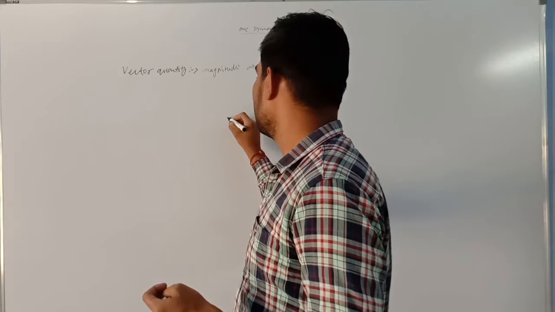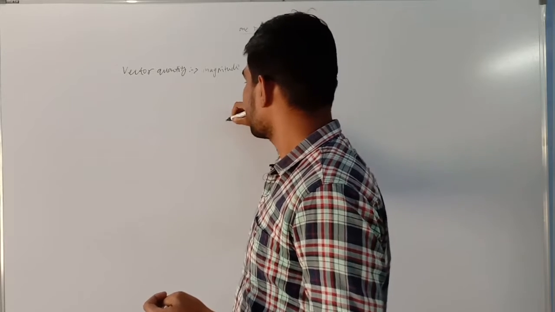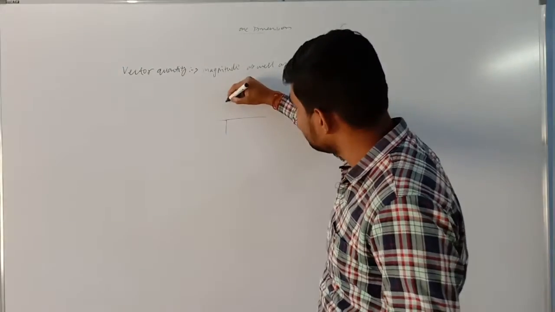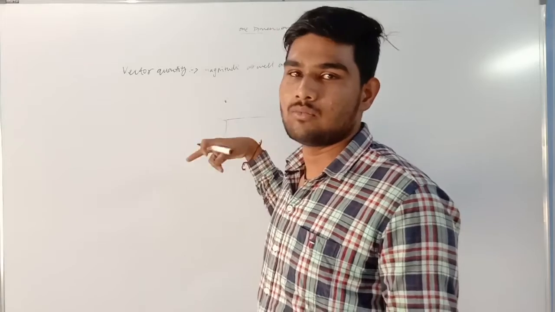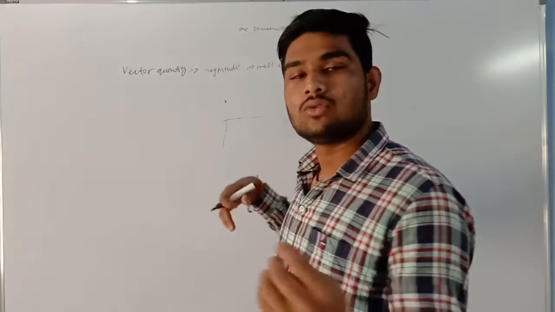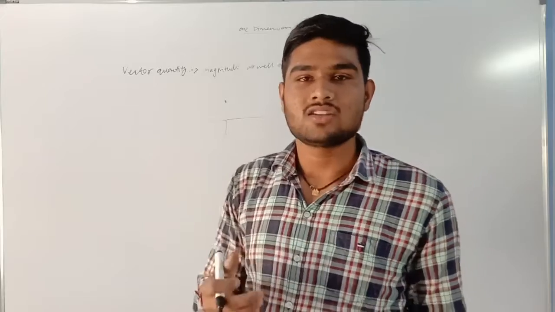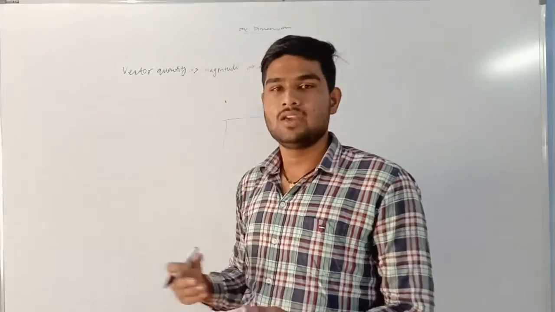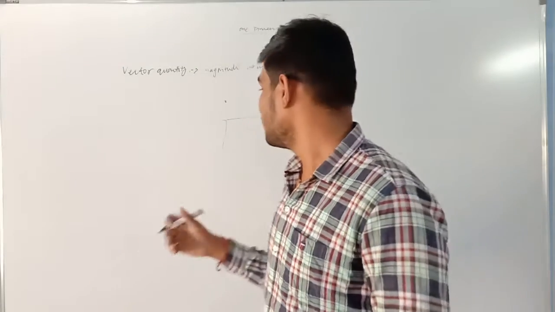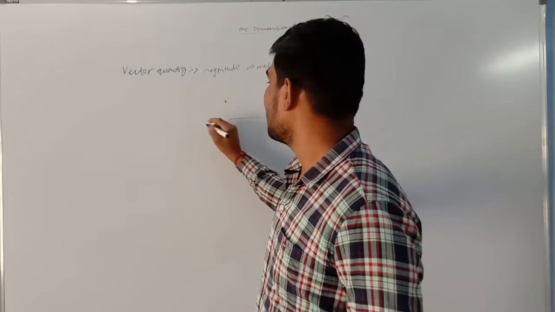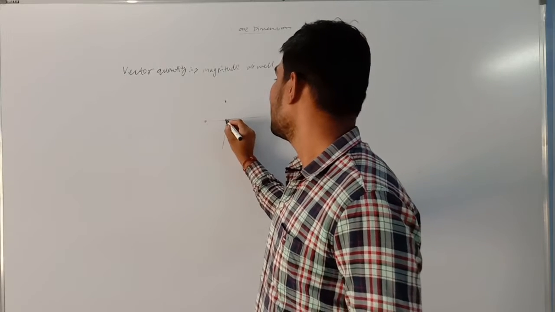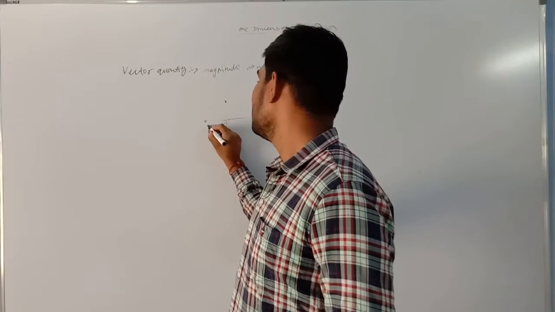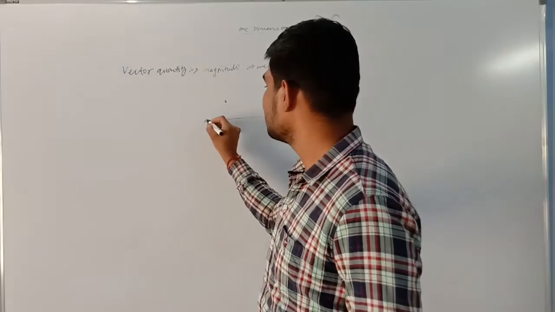Let's suppose this is a 4-point road, and you are standing here somewhere and your friend is driving a car, and you are talking on the phone. तो आपको उसका रास्ता ढूंढना है, तो आपको डायरेक्शन पता होनी चाहिए एज वेल एज मैग्नीट्यूड पता होना चाहिए कि आपसे वो कितना दूर है, और डायरेक्शन पता होनी चाहिए, वेस्ट में, साउथ में या फिर नॉर्थ में। So let's suppose your friend is somewhere here. Your friend told you how far he is from here, 10 meters away, and he is coming towards the east direction.